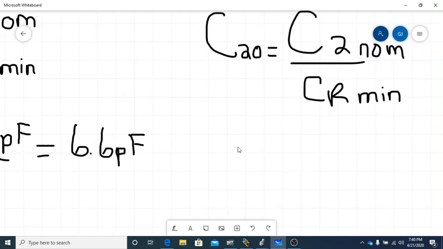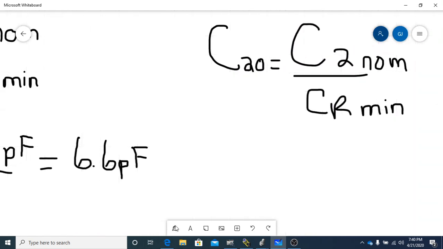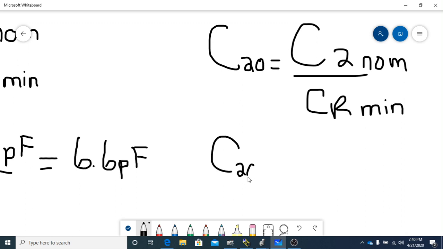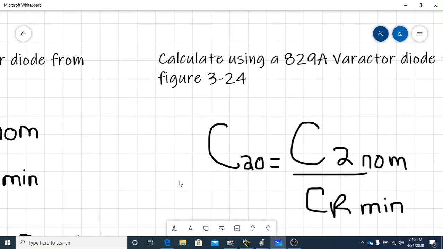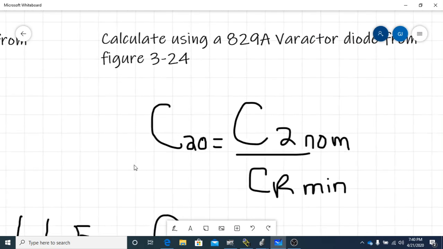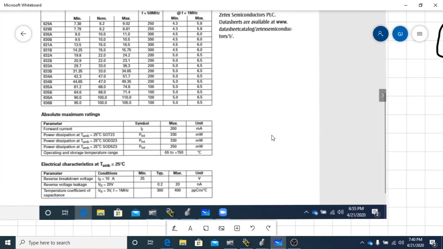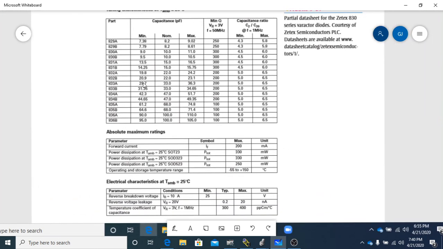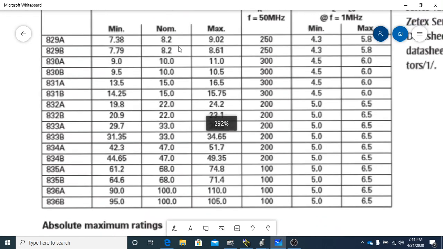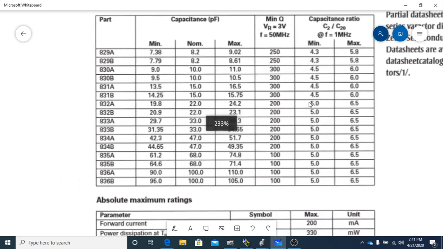Okay. So now we're going to do this one here. I haven't done it yet. So we're going to find out what C20 is, what the capacitance is at 20 volts. This is going to be for an 829A. So let's go see what the nominal capacitance is for an 829A. That is 8.2, and 4.3 over here for the ratio.